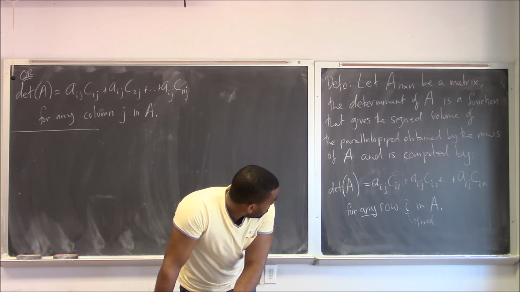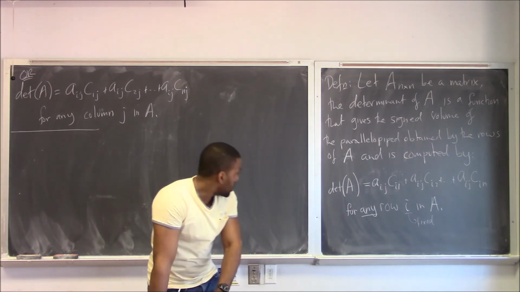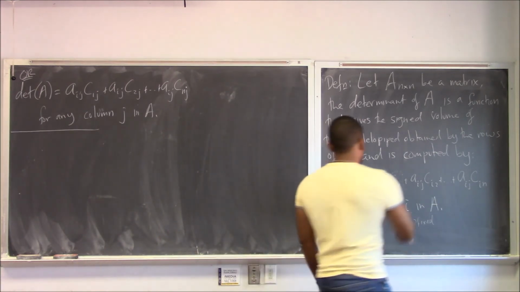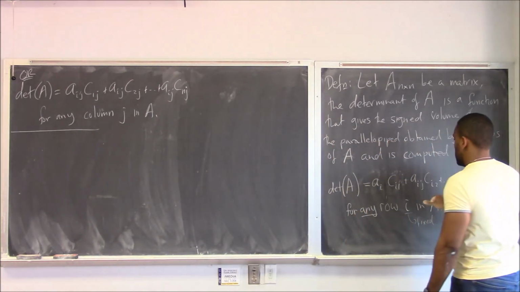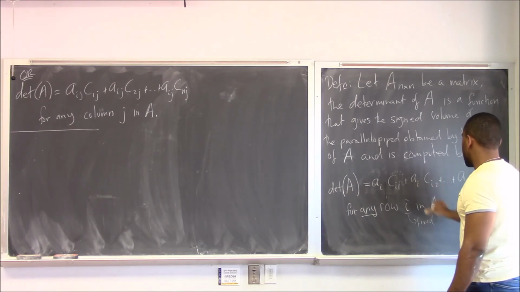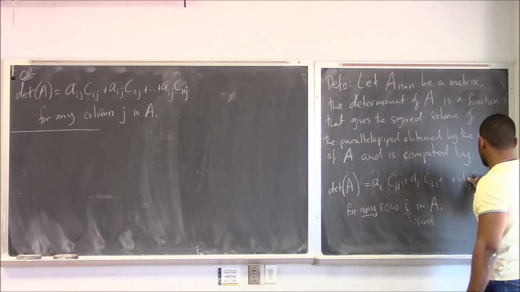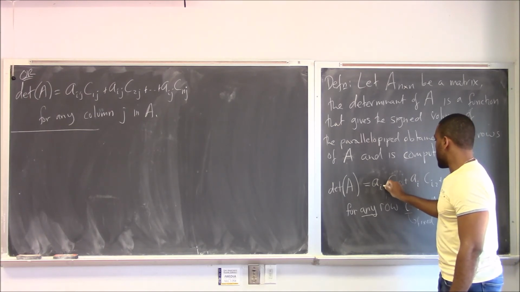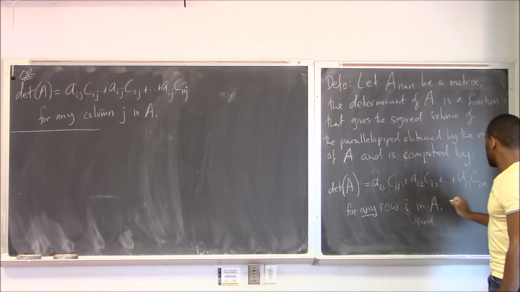I'm fixing the row here. But the column, did I alternate? Wouldn't the rows alternate for that? No, the rows are fixed, so I want the i to stay i. The columns are changing though. So this is i1, i2, in.